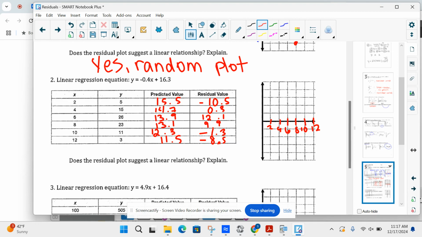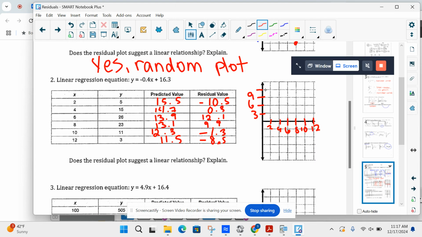Yes, think in 3s, because we need to get to 12 and we only have 4 tick marks. So we'll do 3, 6, 9, 12, negative 3, negative 6, negative 9, negative 12.